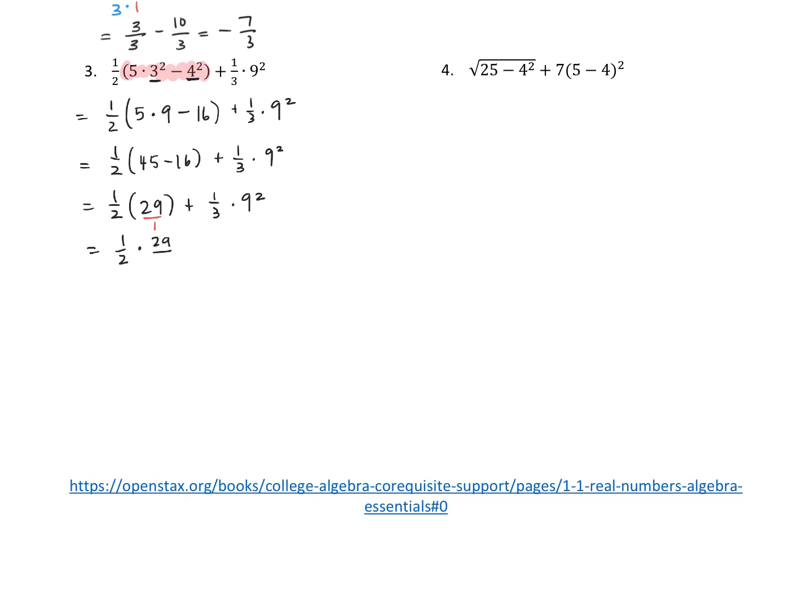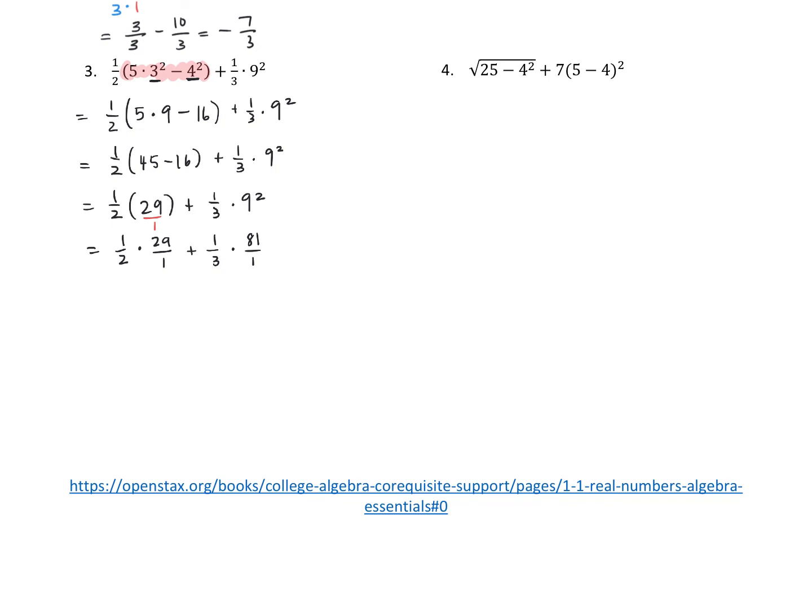So this will be times 29 over 1 plus 1/3 times 9 squared is 81. And I'm going to write that as a fraction as well. So 81 over 1. Remember, again, you can do this with any whole number or any integer in order to make it easier to see what you need to do next.